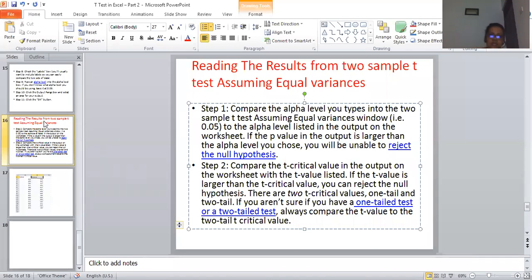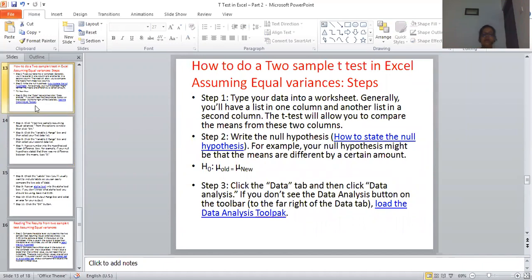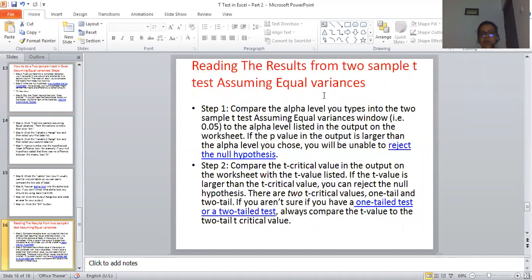Here I have stated the null hypothesis, where the battery lifetime of old is equal to battery lifetime of new. So there is no significant difference between the lifetime of old batteries and the new battery. That is the conclusion that we derive based on the t-test that we have run assuming equal variances.